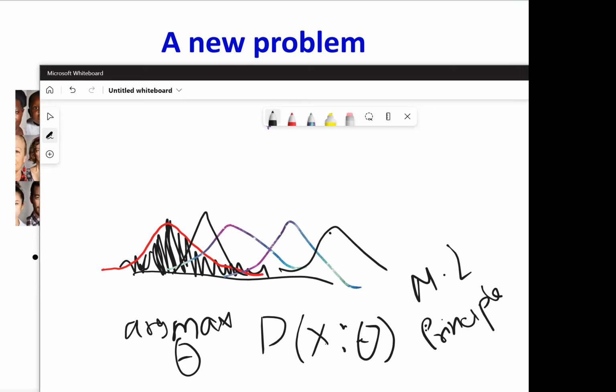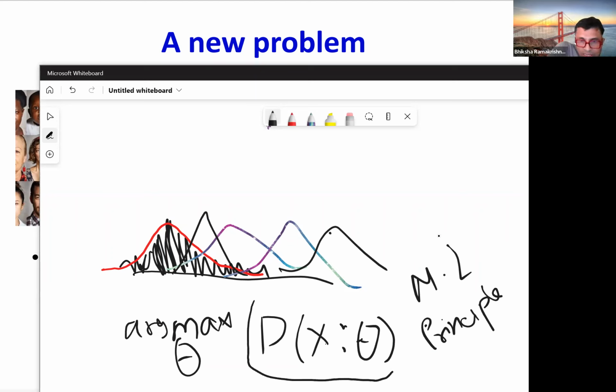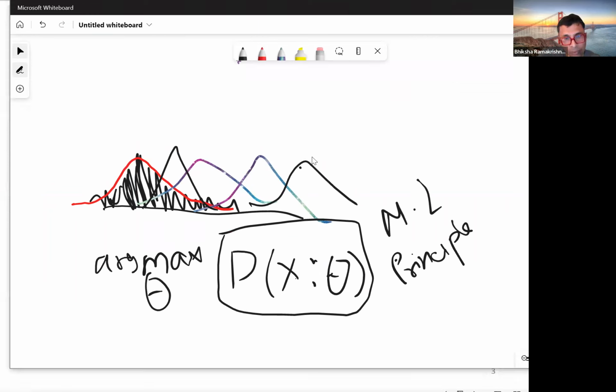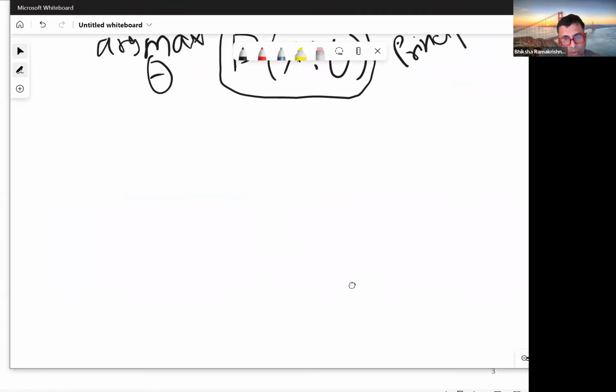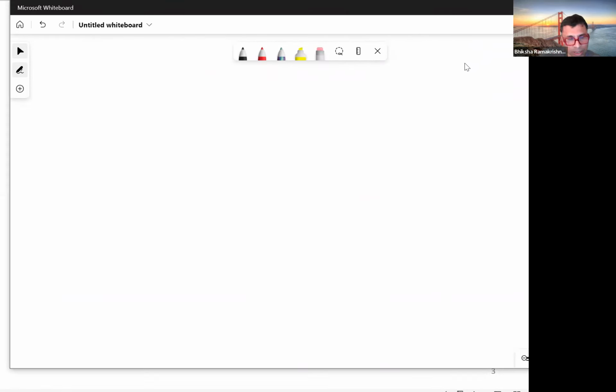Right. So we'd like to use the same principle over here, but for this, we need a form for this distribution, and it's highly unlikely that faces have anything like a Gaussian distribution or any well-known form of distribution. So here is what we're going to be assuming.